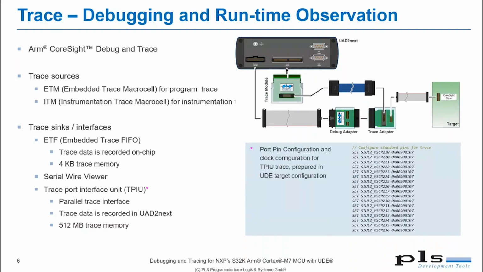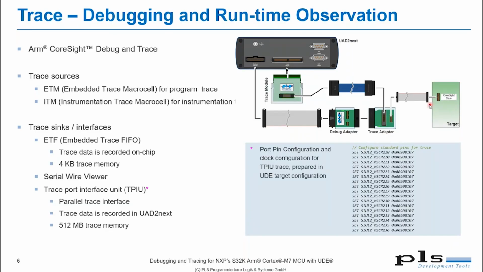If you want to use the external trace option, you need a separate trace module for the UAD2 Next. In our case, this is the parallel trace module. That module is plugged into the UAD2 Next, and then you need to connect to the target board via a separate trace adapter that is shown here.